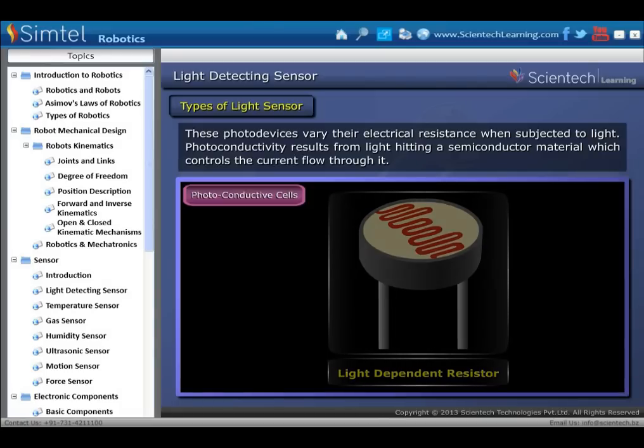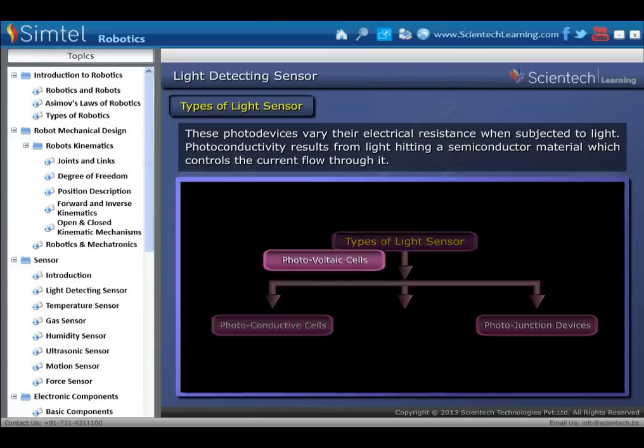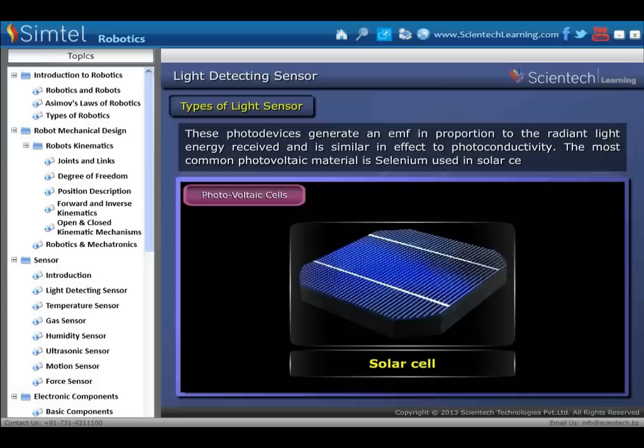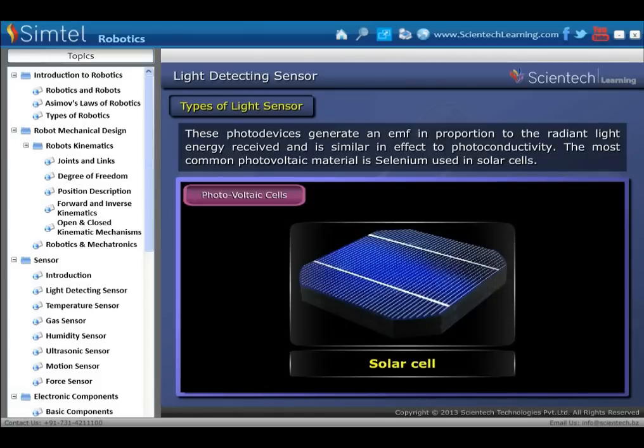Now, photovoltaic cells. These photo devices generate an EMF in proportion to the radiant light energy received, and are similar in effect to photoconductivity. The most common photovoltaic material is selenium, used in solar cells.